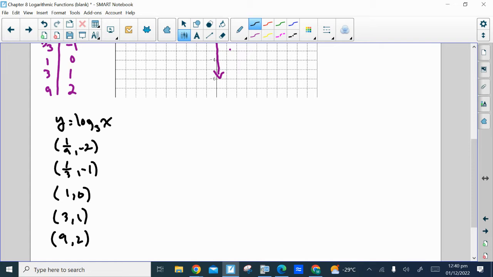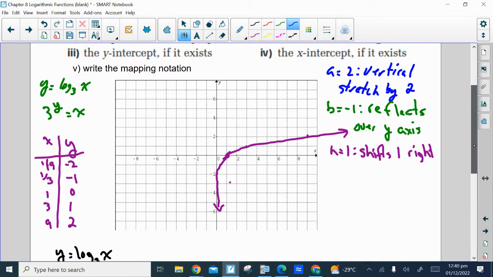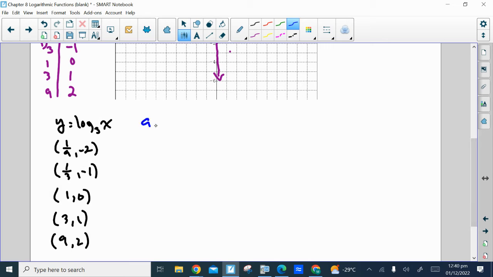And our first transformation we'll do is using our a value being 2. So that's a vertical stretch by 2. We're going to multiply all the y values by 2.